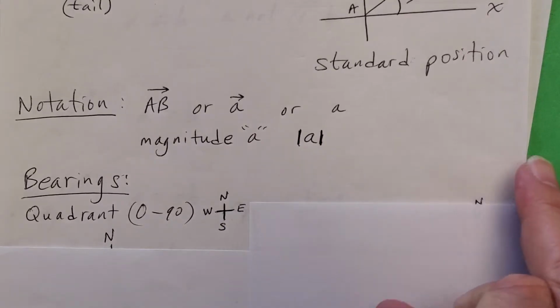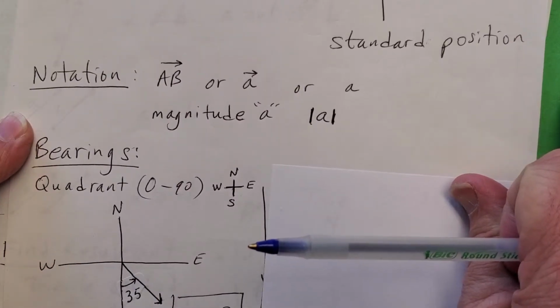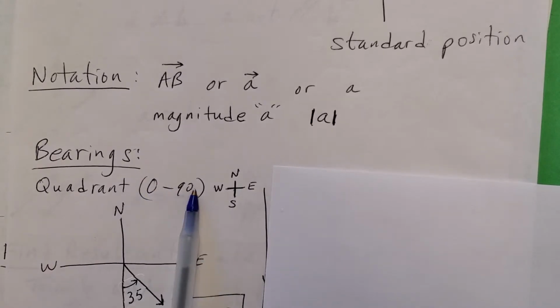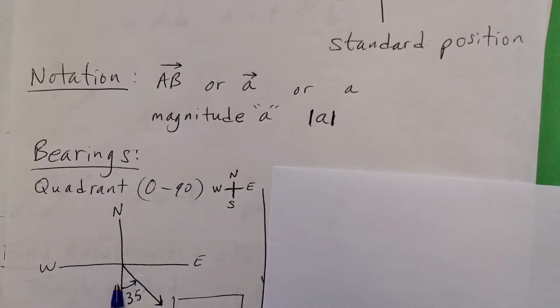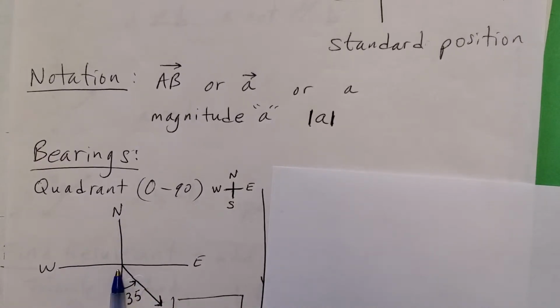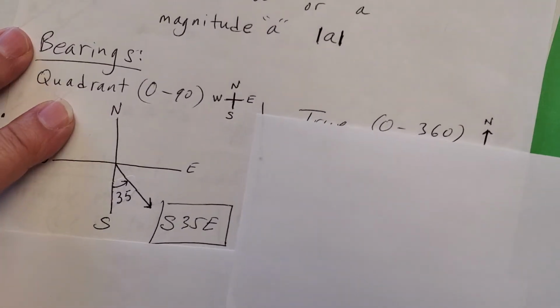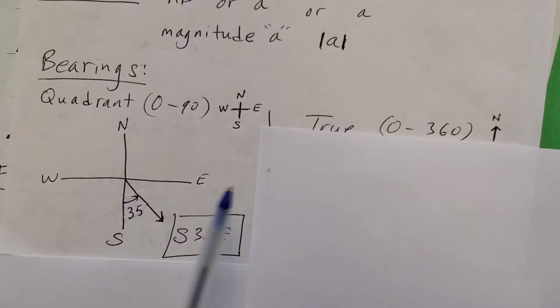So there's two ways of expressing direction, right? So we can do 0 to 90, but if you want to do 0 to 90, then you got to tell me which quadrant you're in, right? So every quadrant is 90 degrees, so express which quadrant you're in, and then give me the angle that you're going in that quadrant. So for example, this angle is 35 degrees. But if you just say 35 degrees, compared to what?